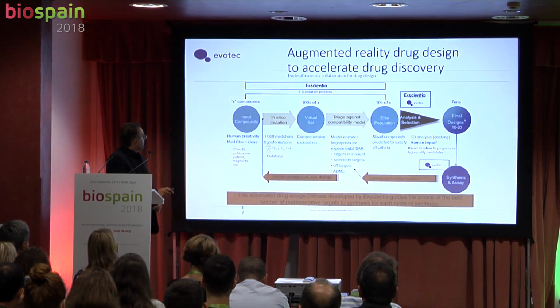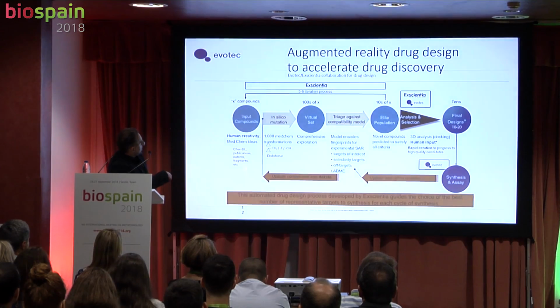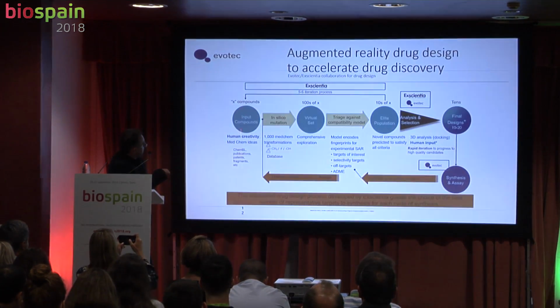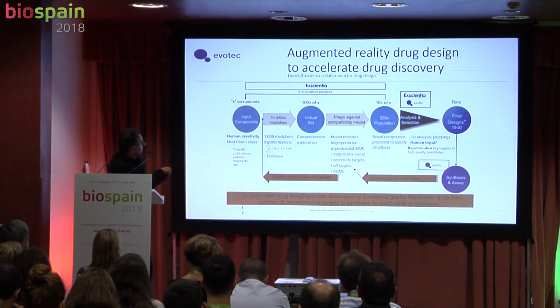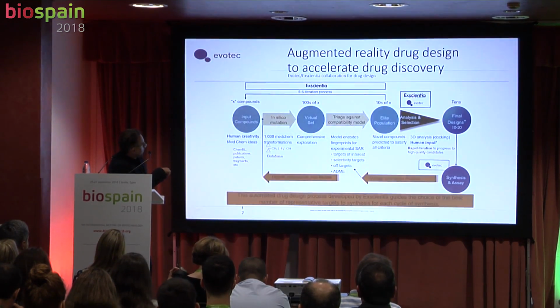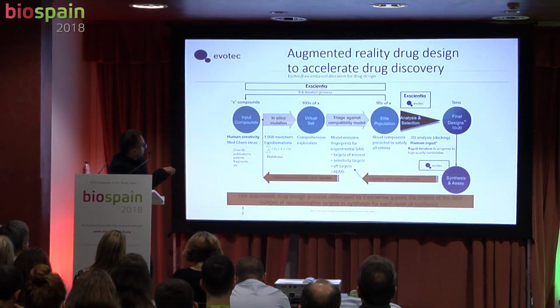So when you enter all the data that we have in drug discovery, all the publications, the literature, the patents, in this case fragments are very important. A set of compounds, millions of compounds, are screened.